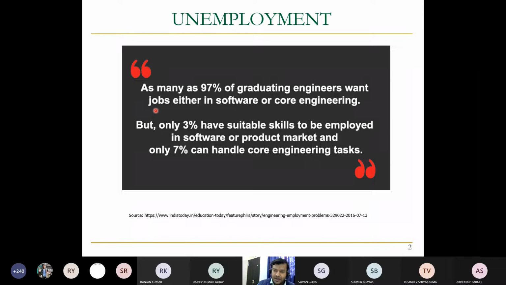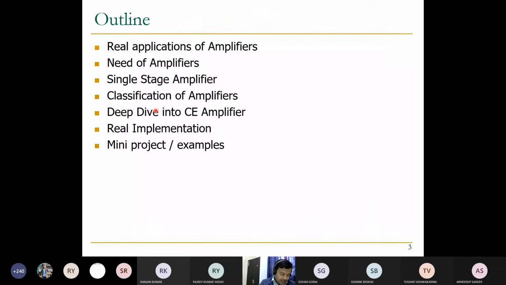Now, in these lectures or the next couple of lectures, I'll cover real applications of amplifiers, the need for amplifiers, and single stage amplifiers.